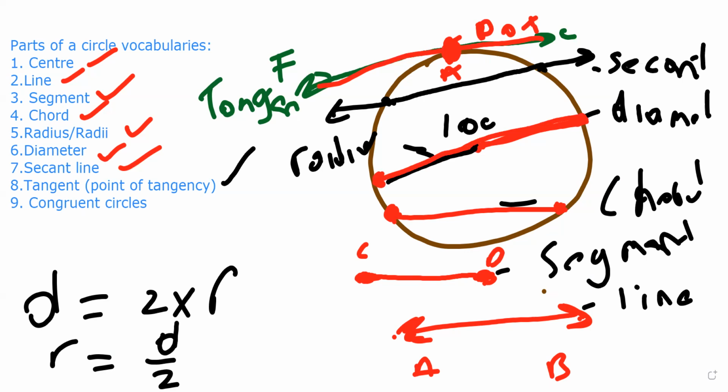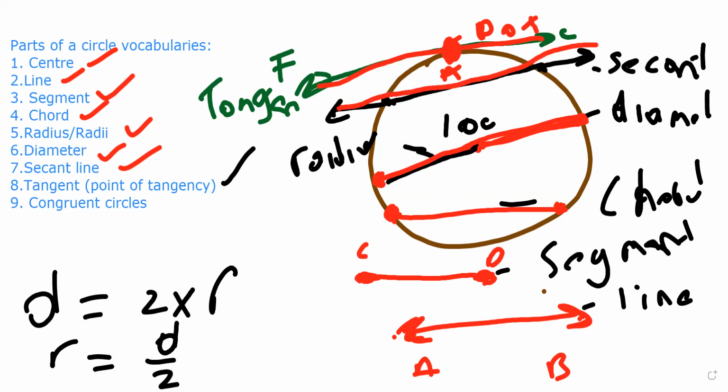I could also draw a diameter this way, or another way like this. It doesn't matter. Once it passes through the center, it's going to cut the circle into 2 halves. The secant line is a line that passes through the circle.